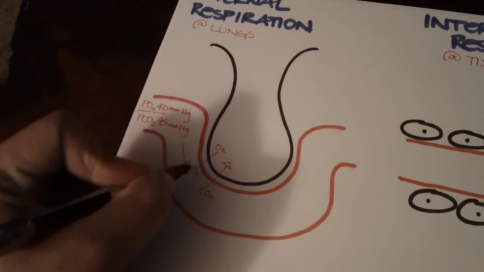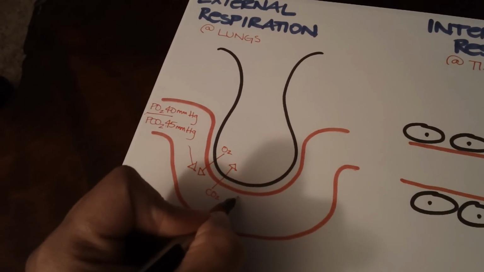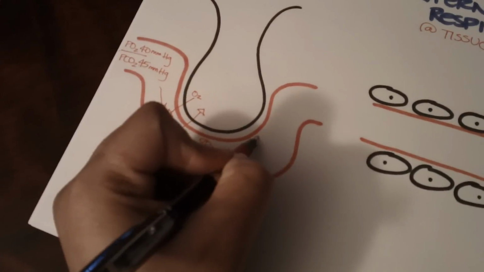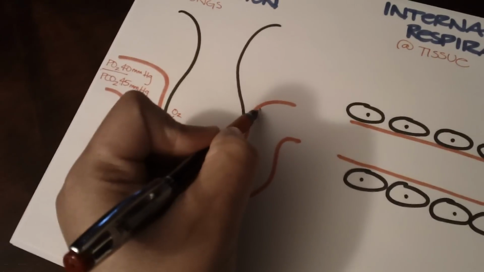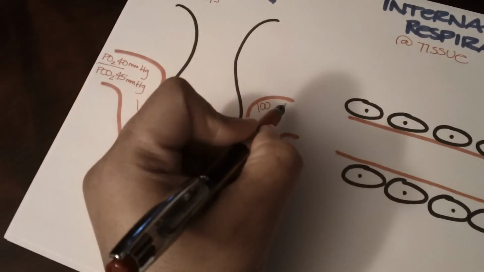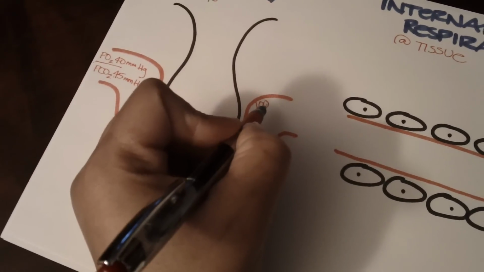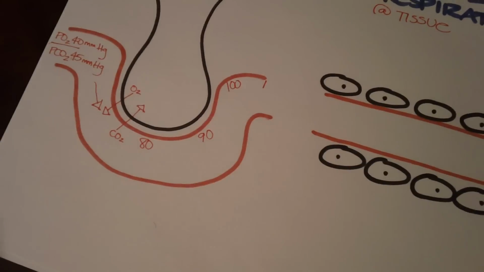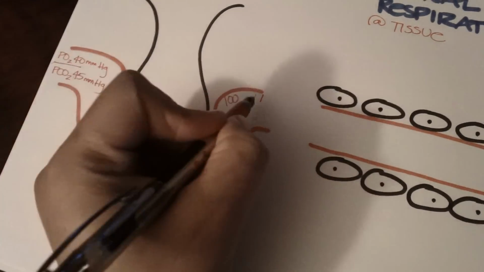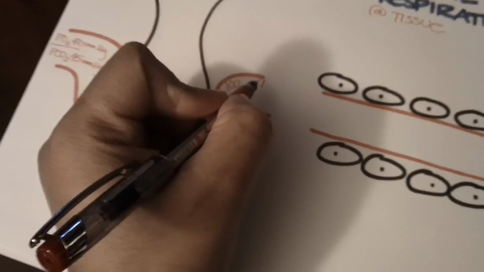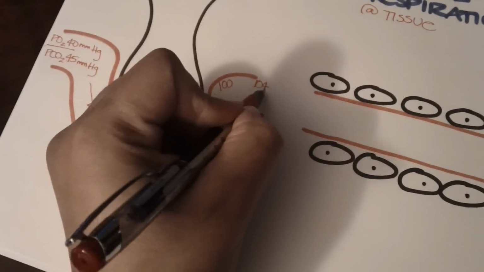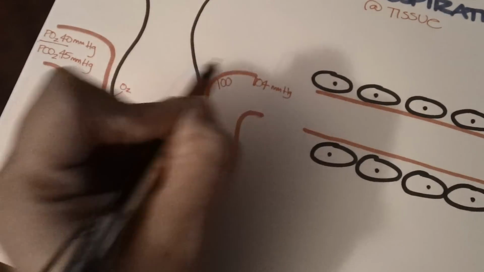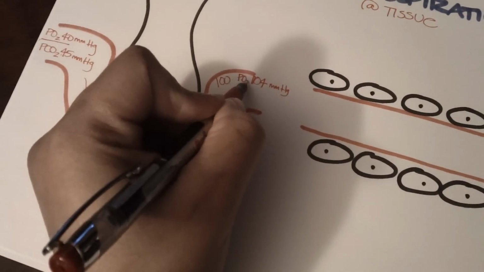As we go through here, it's going to go up to, let's say, 80 about here, 90 about here, let's say 100 about there. And these are, again, millimeters of mercury. At the very end, our partial pressure of oxygen is going to be 104 millimeters of mercury. Okay, and that's partial pressure of oxygen.